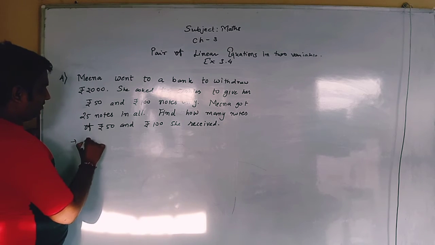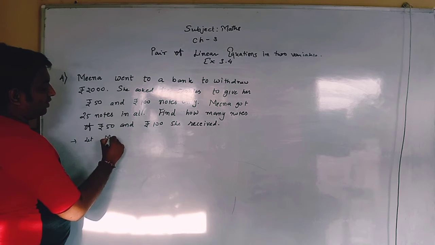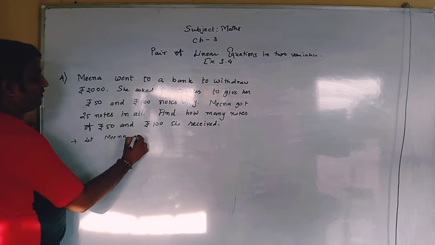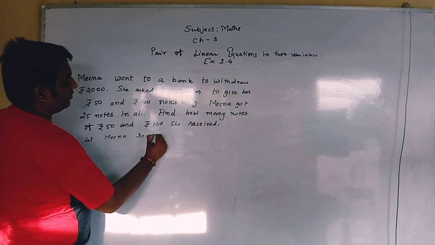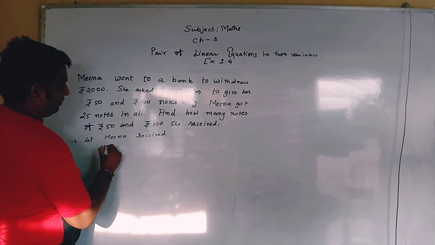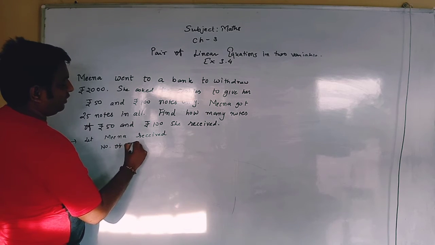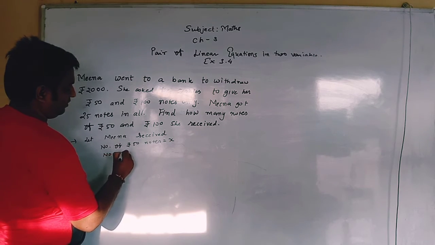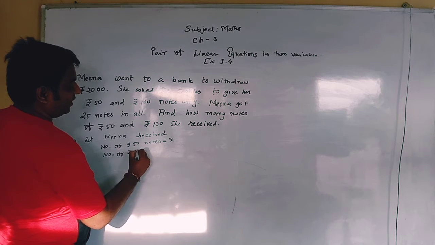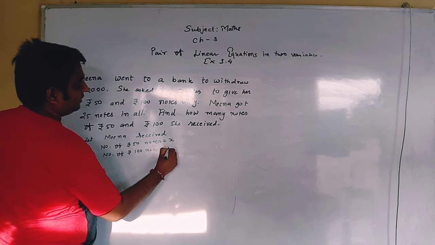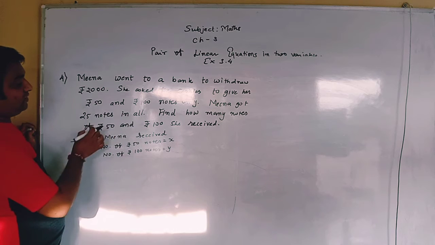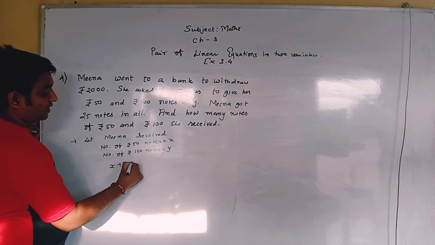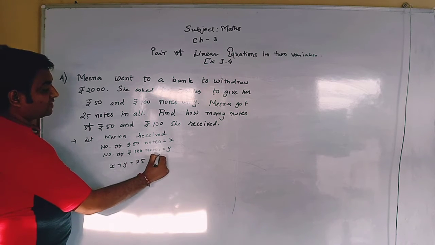So let the number of rupees 50 notes be x and the number of rupees 100 notes be y. Altogether she gets 25 notes, and so x + y = 25. That is the first equation.